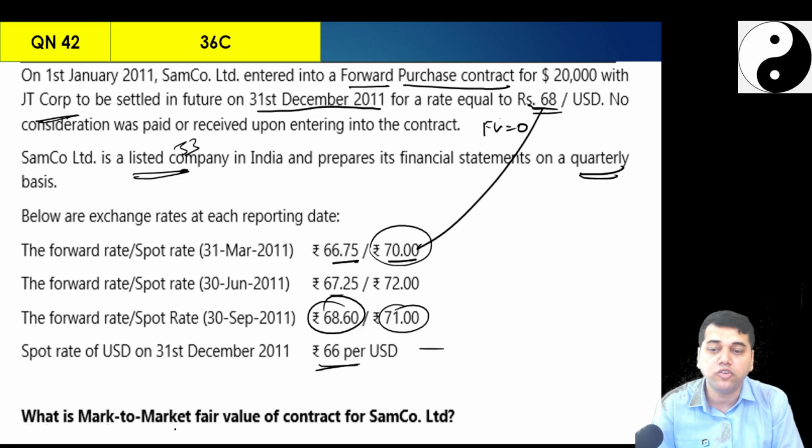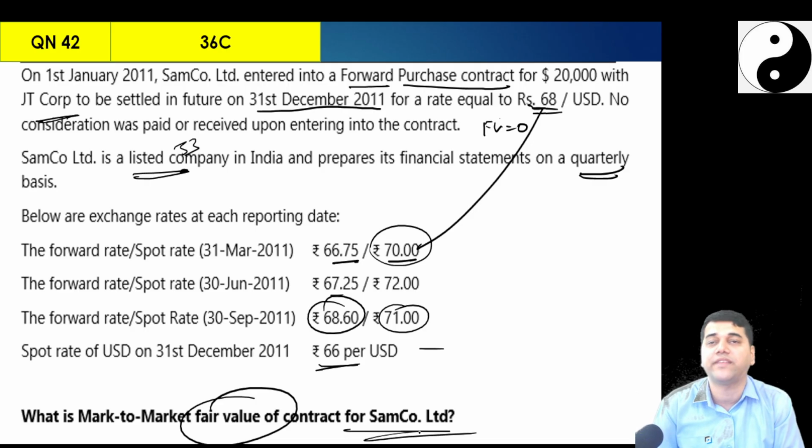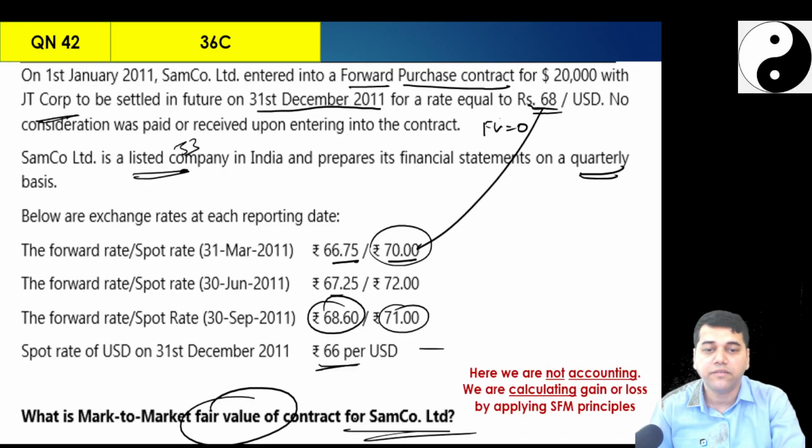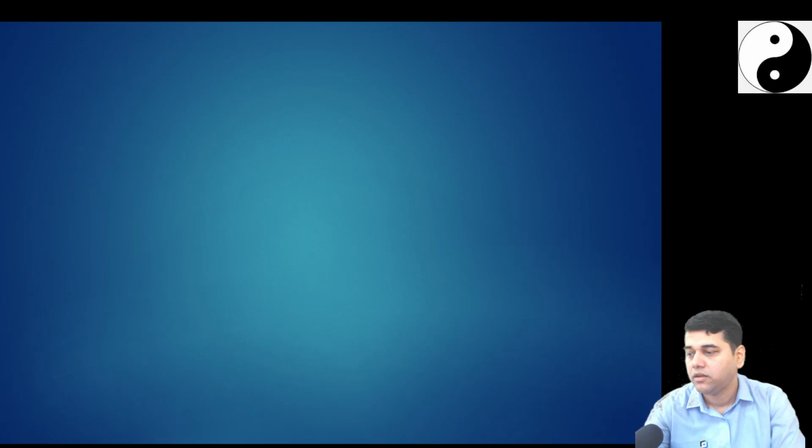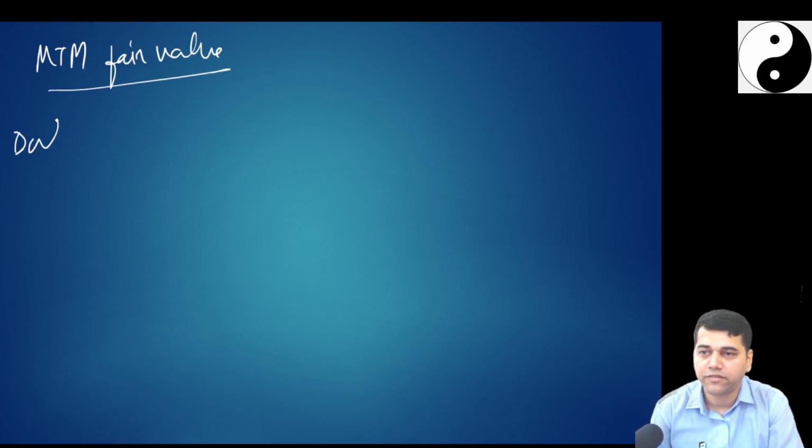Now, what is the mark to market fair value of the contract of Samco Limited? Here we are not accounting, we are just calculating gain or loss, just to have a recap of our AFM principles. First write MTM fair value, mark to market. We will write the date first.